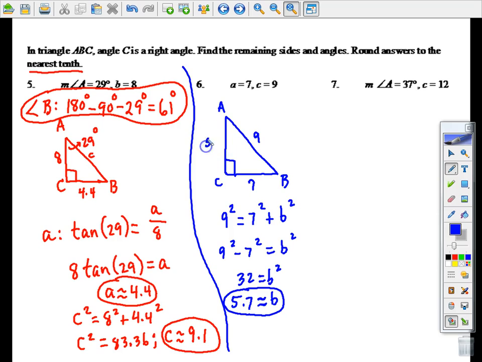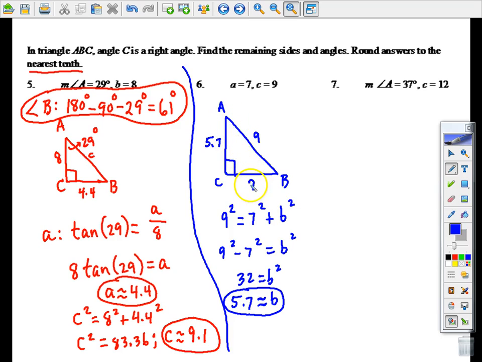It's 5.7. Now let's find one of these missing angles, and then it should make it easy to find the other one. I have a lot of choices, although I've asked you to stay away from the decimal side reading when you're looking for an angle. So in this case, if I wanted to find angle A first using a trig ratio, I'm going to use sine.